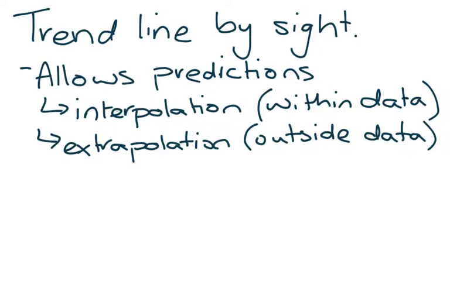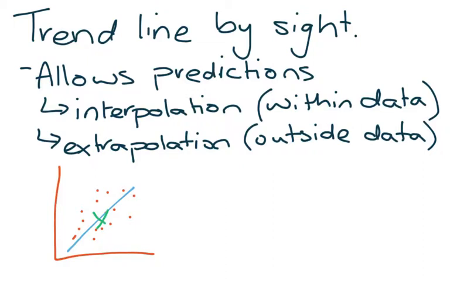But we also have to look at where the prediction is being made. So if it's within the data, for example, we've got a scatter plot like so, and we draw in our trend line. If we make a prediction in the middle here somewhere, that is called interpolation, and it's quite a reliable prediction because it's within that data clump.